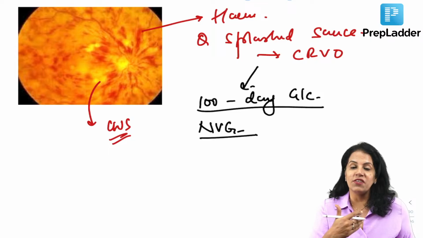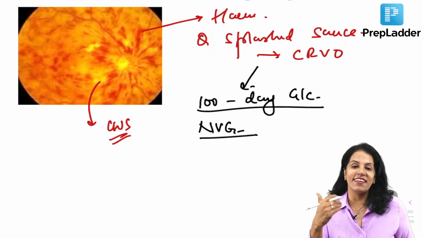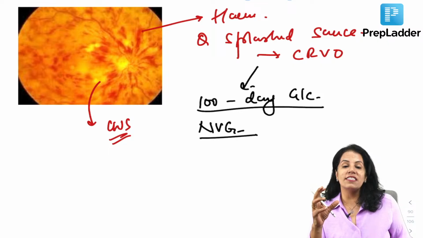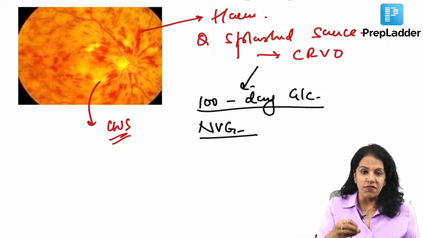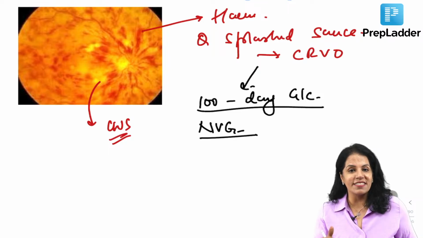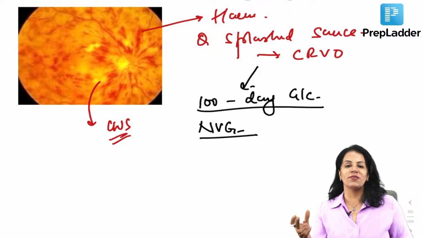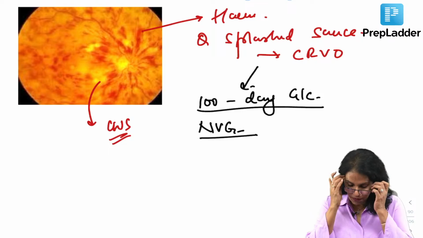Neovascularization we have learnt: NVD, NVG, NVE. Because of this neovascularization, these blood vessels will grow. Along with that, fibrous tissue is growing, and there are 3 blinding complications: vitreous hemorrhage, tractional retinal detachment, neovascular glaucoma. I hope you remember it. Please revise from your previous session.